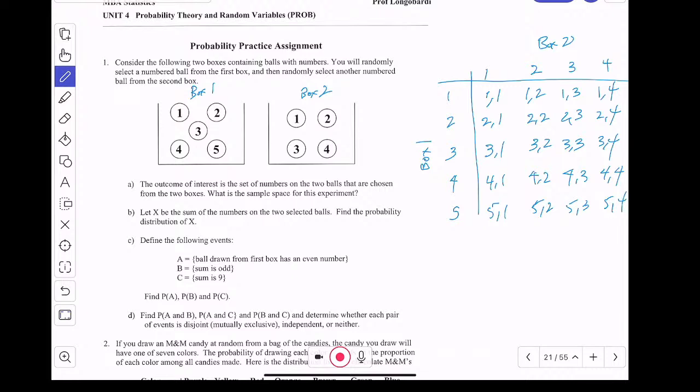Okay, so those are all the possible outcomes. I'll be satisfied if you write that. And then you mention, so the outcomes of interest is a set of numbers on the two balls that are chosen. What is the sample space? So these are all the possible outcomes, and that's it. Now, they wrote them in curly brackets, but this should be fine.